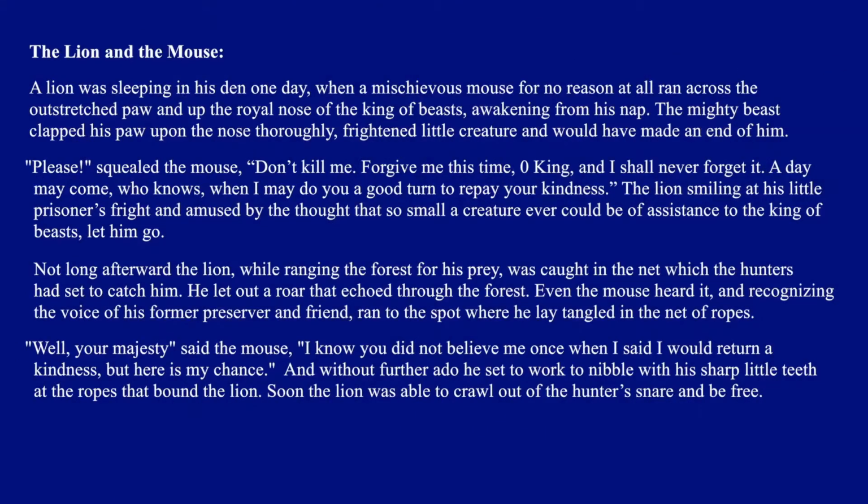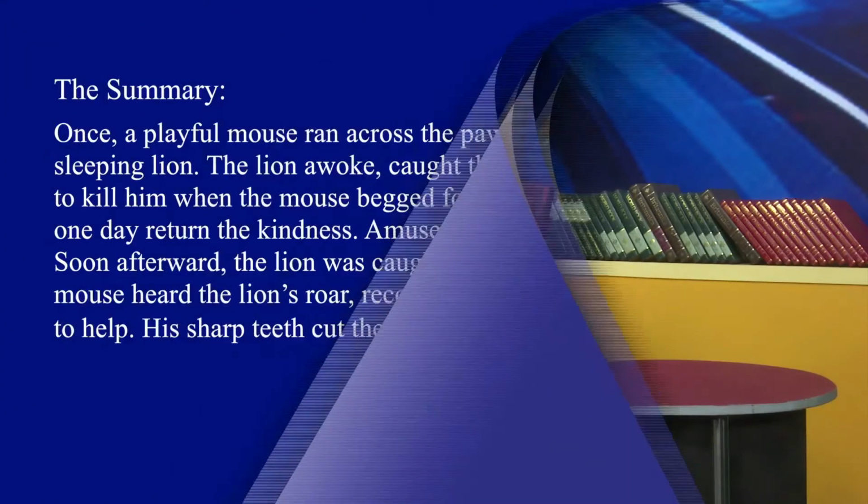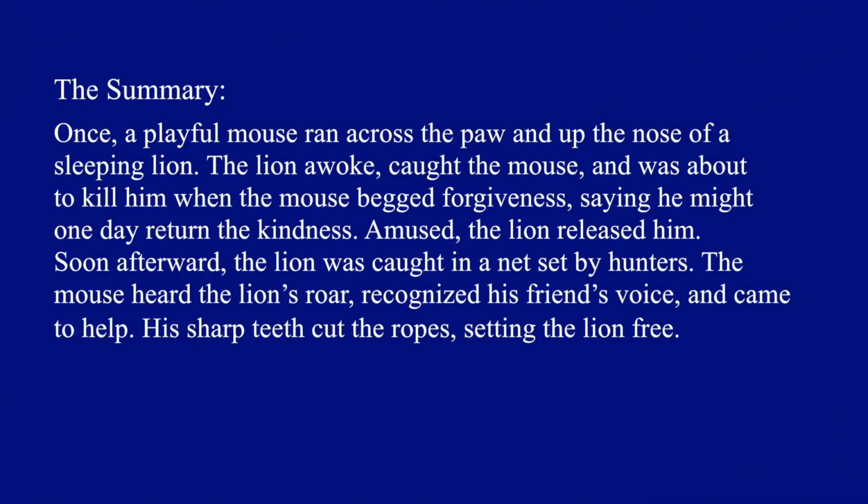So, this is a fable told by Aesop, which is of 254 words. Now, I am going to present a summary of this fable. Once a playful mouse ran across the paw and up the nose of a sleeping lion. The lion awoke, caught the mouse, and was about to kill him when the mouse begged forgiveness, saying he might one day return the kindness.